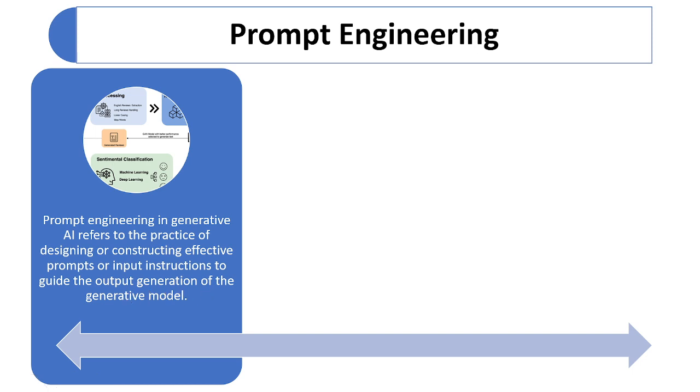So in our previous tutorial, whatever generative models we have used, like ChatGPT, Google Bard, DALL-E, to get better output, like text or images or video, we have to provide constructive, effective prompts. To design these constructive and effective prompts, a new technology came that is called prompt engineering. Understand?